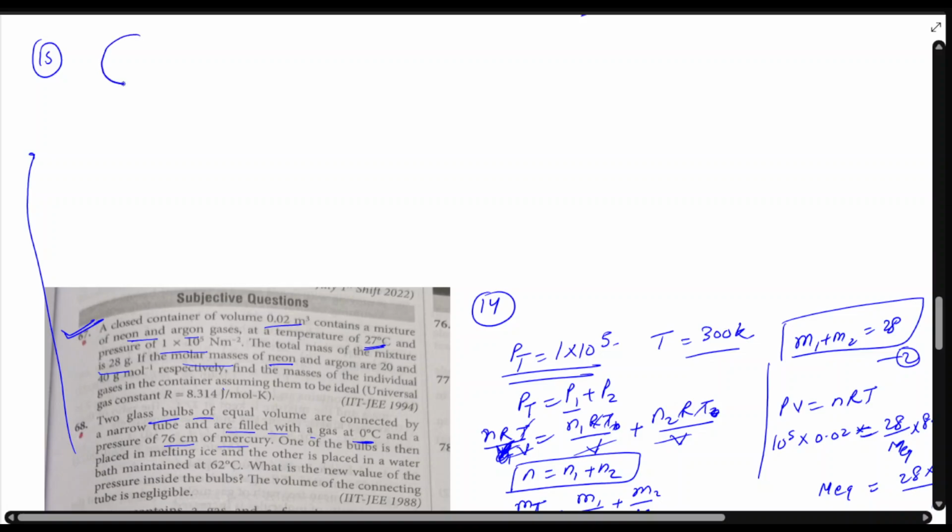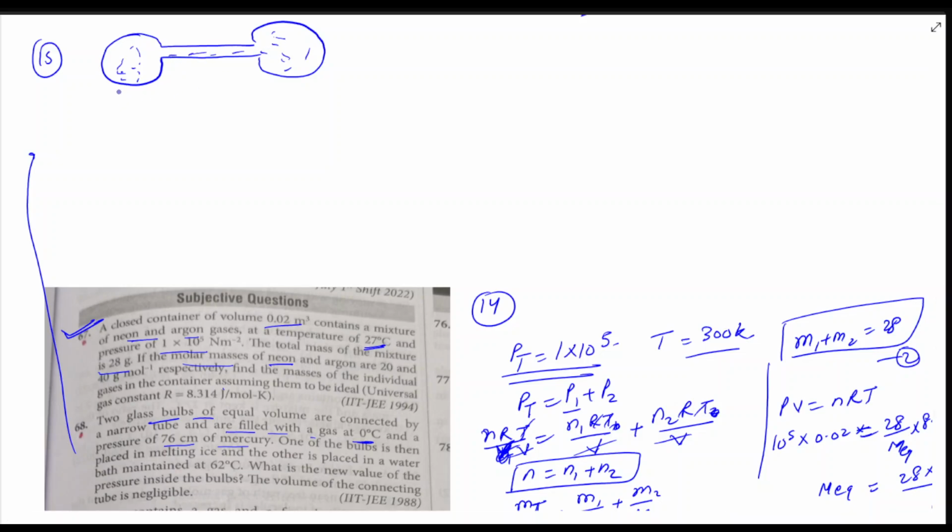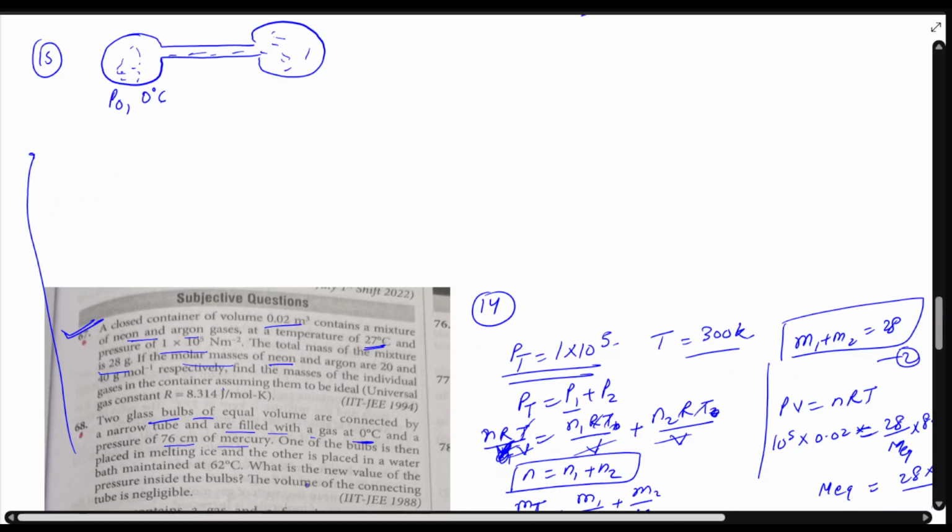So we have two bulbs like this, right? And they have a gas at zero. So here it's some gas, here it is some gas, and a narrow tube. So both have pressure P naught and temperature 0 degrees Celsius.